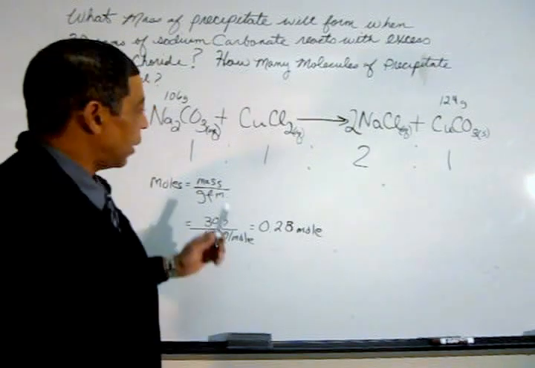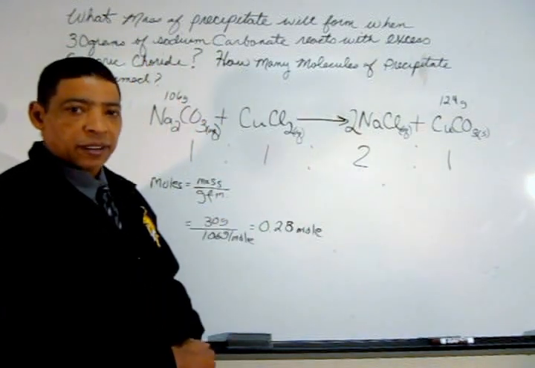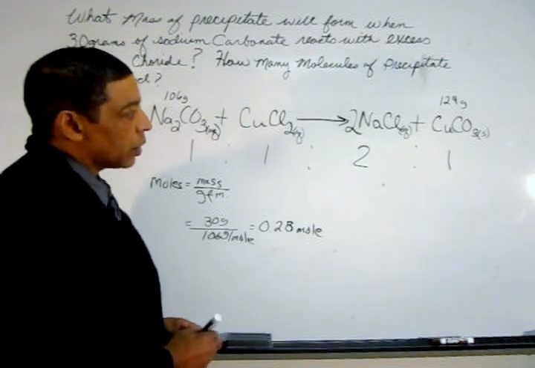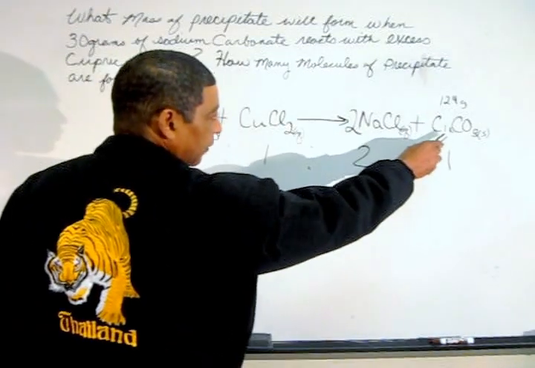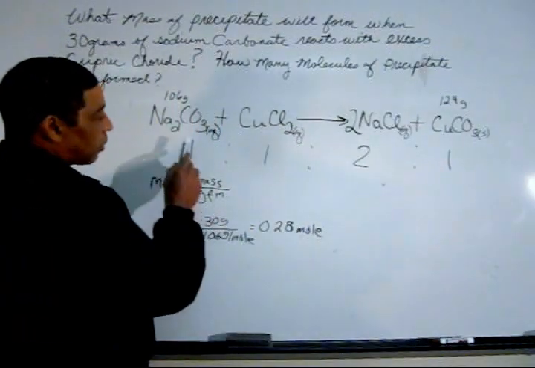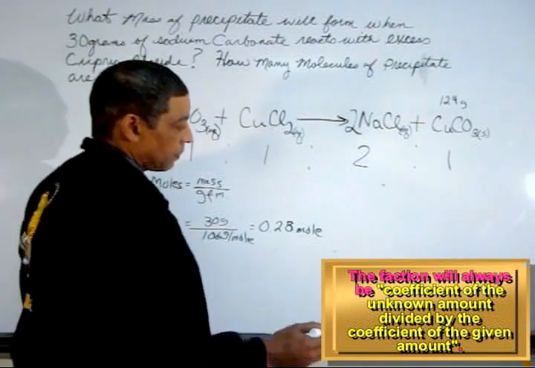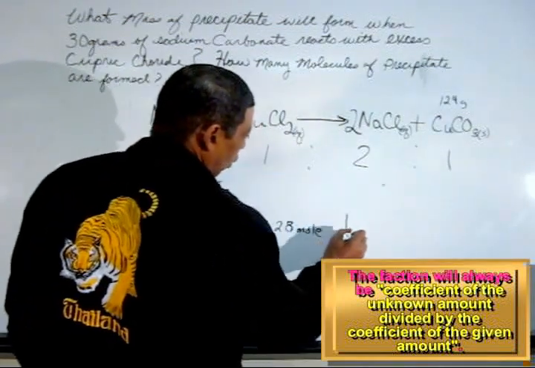Now we use the molar ratio to determine the moles of the precipitate. Since we are unsure about the moles of the copper(II) carbonate, and now we know the moles of the sodium carbonate, the fraction will be 1 over 1.